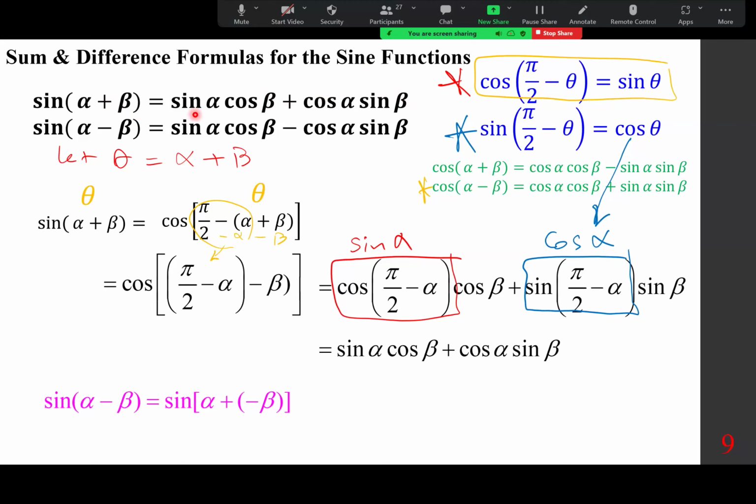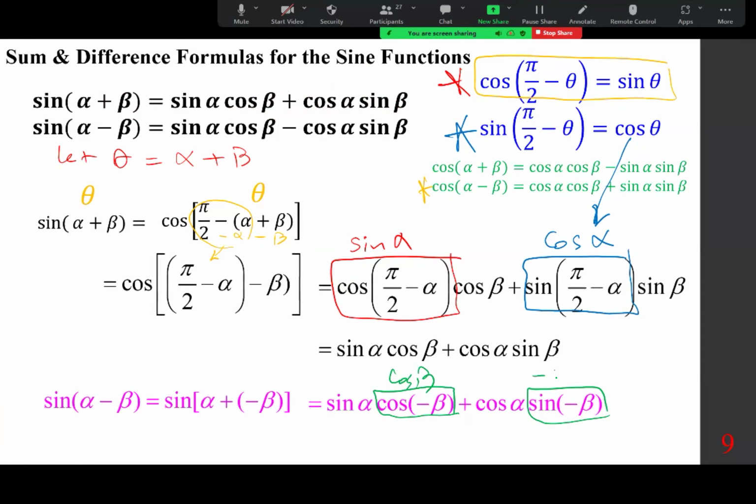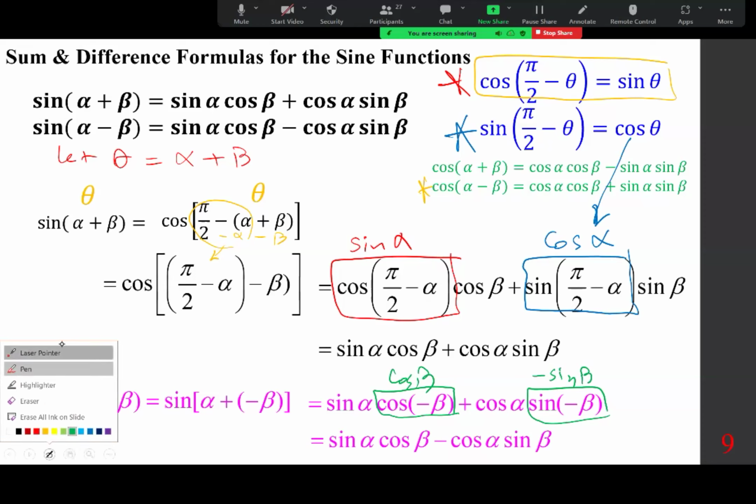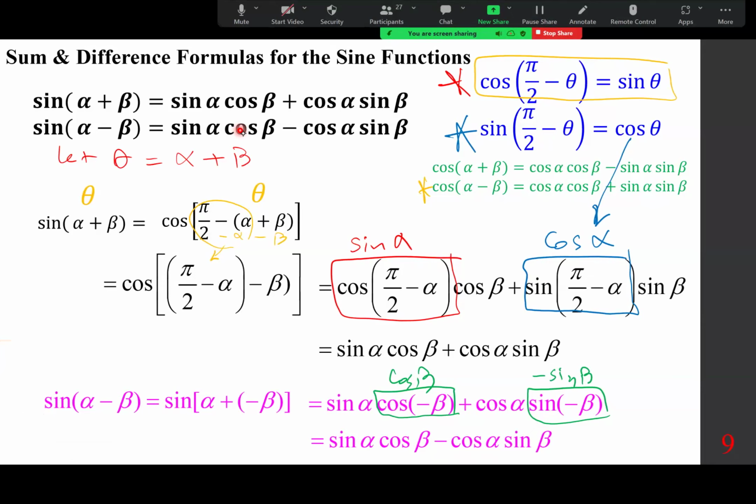So this becomes sine of alpha cosine of minus beta plus cosine alpha sine of minus beta. And as you know, again, cosine is even, sine is odd, which means this is the same as cosine beta, and this is the same as negative sine beta. Therefore, the answer is sine alpha cosine beta minus cosine alpha sine beta, and that's the proof for sine of alpha minus beta.